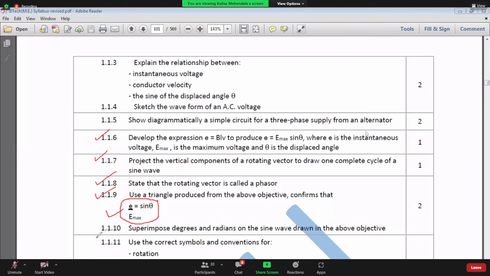Superimpose degrees and radians on the sine wave drawn on the above objective. So I basically mark the x-axis in terms of degrees, and we know the conversion. Everybody knows the conversion: 360 degrees is equal to 2 pi radian.